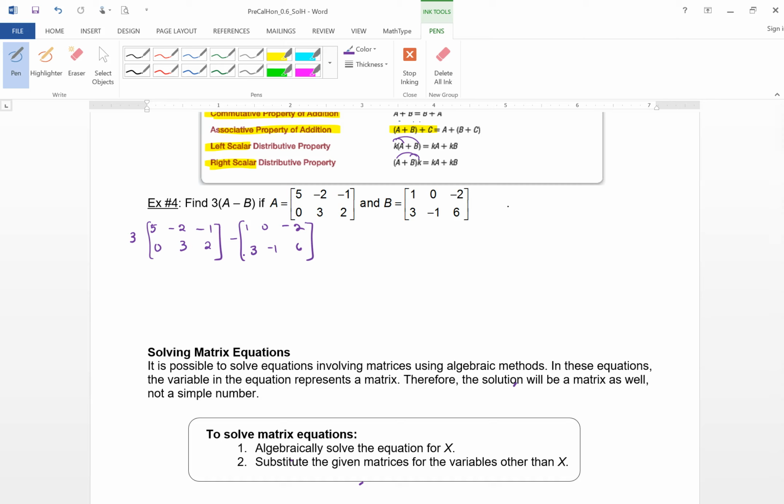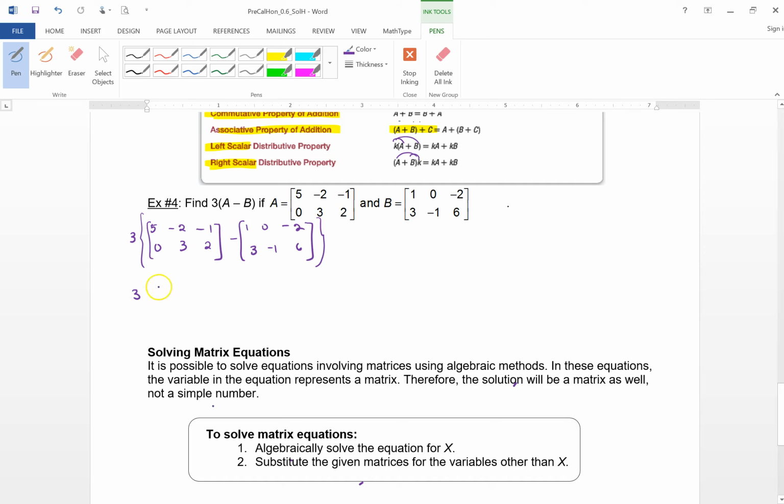As a grouping symbol, I can put curly brackets outside, because these curly brackets are not for the matrix. They're just grouping symbols for algebra. Yes, you can, but it's more work. Yes, because the 3 must be distributed. I guess you can use huge parentheses, you can do that.